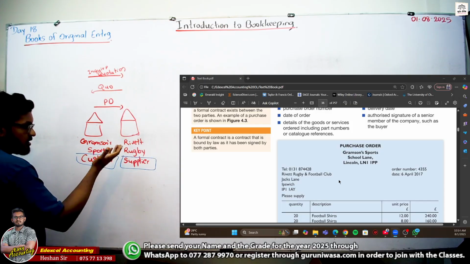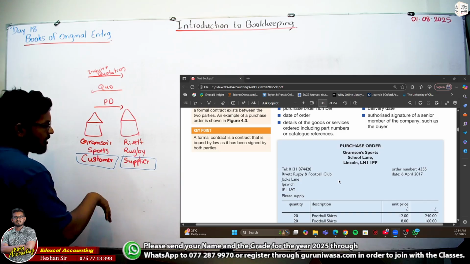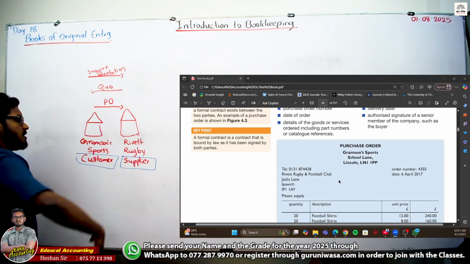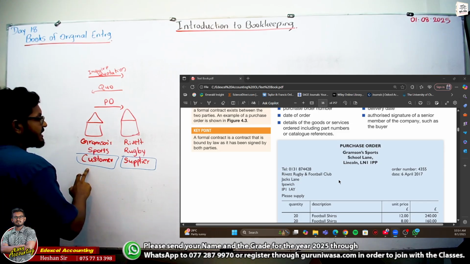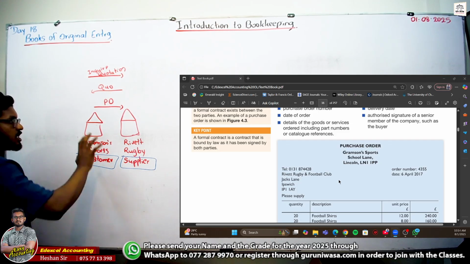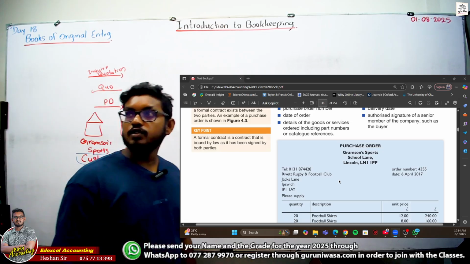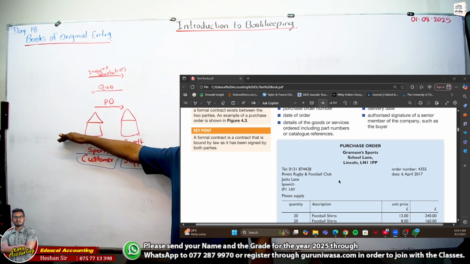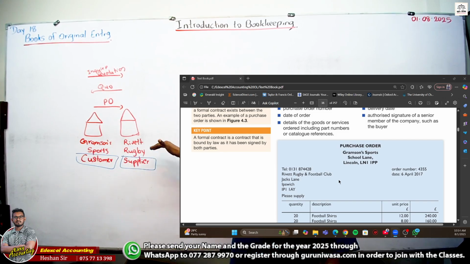When Gramson Sports agrees with Revert Rugby's price, they raise a purchase order. That's why you can see Gramson's name first, the supplier's name here.